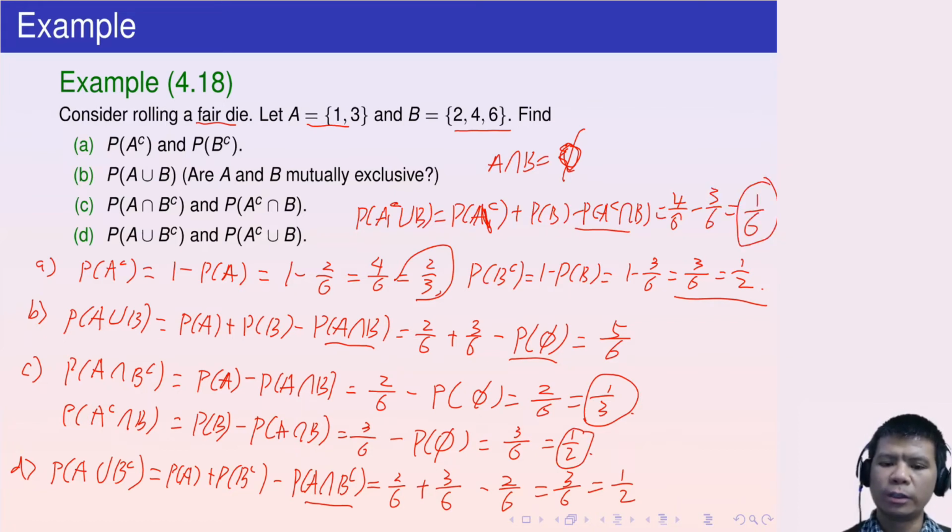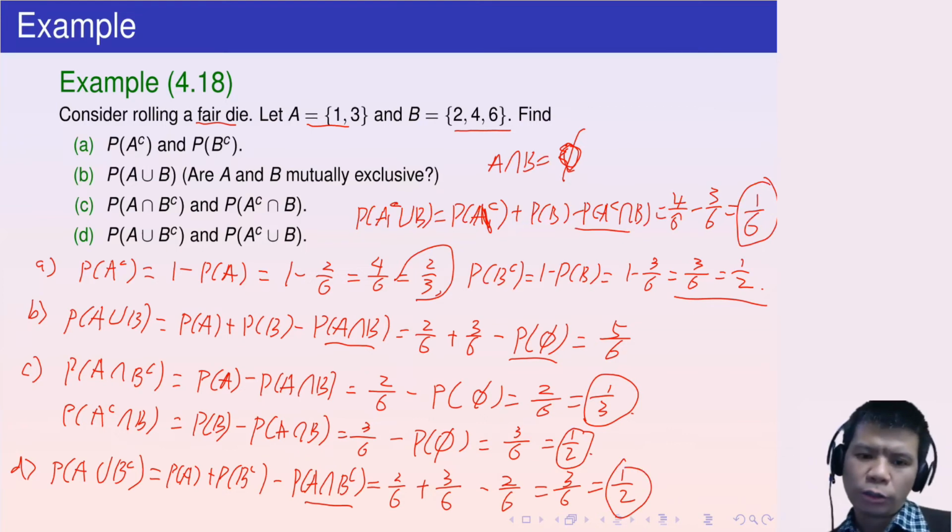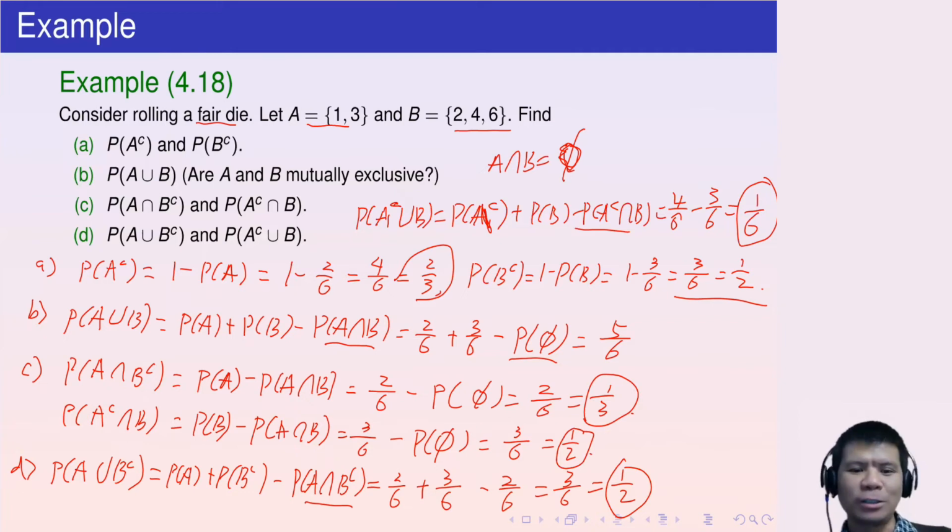So we found all these values using these three rules: the complement rule, the addition rule, and the difference rule.